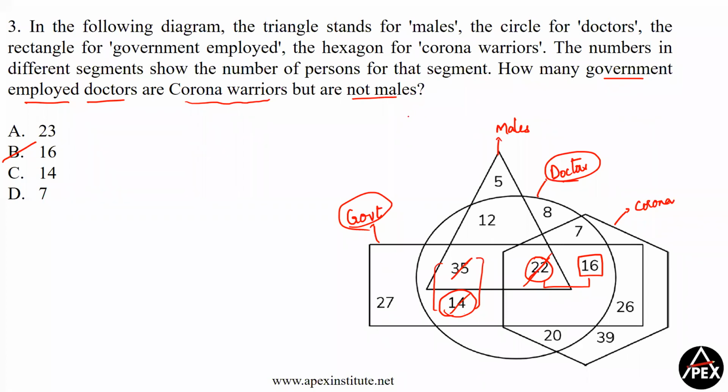Any doubts? Quick responses, please. If the question asks for government doctors who are corona warriors, then it will be 22 plus 16. If you are only talking about government doctors, then it will be 35, 14, 22, and 16.